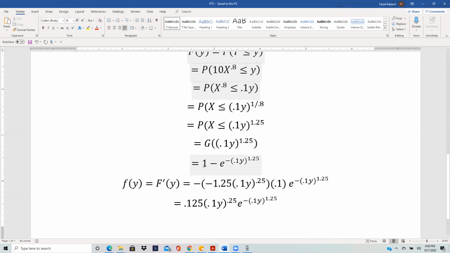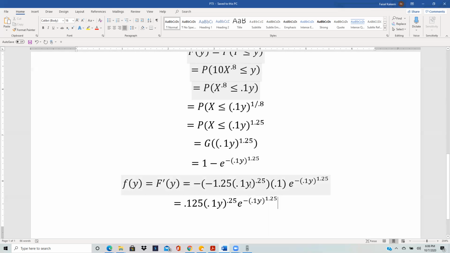So the derivative of 1 is 0, and then we have negative. The derivative of the exponential function is itself. Then by chain rule, we need the derivative of the power of the exponential function. For the derivative of this power, we use the power rule: negative 1.25, then the base, and then you reduce the power by 1, so 1.25 minus 1 is 0.25.